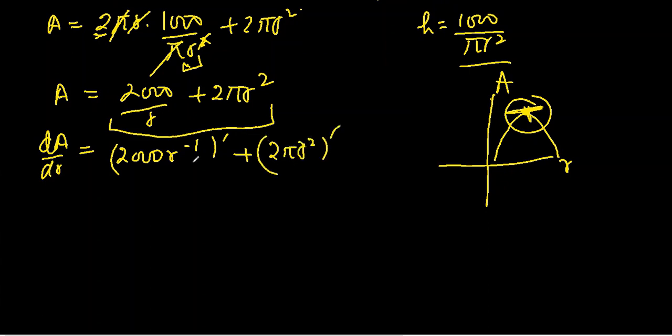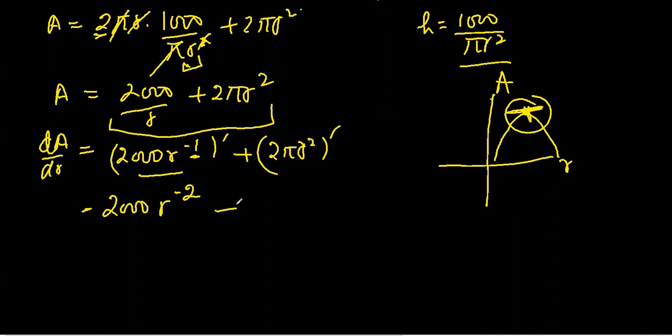All right, so to differentiate this, minus 1 will come in front and multiply with 2000. It becomes 2000 times minus 1, which is minus 2000, and r goes down by 1, which is minus 1 minus 1, which is minus 2.